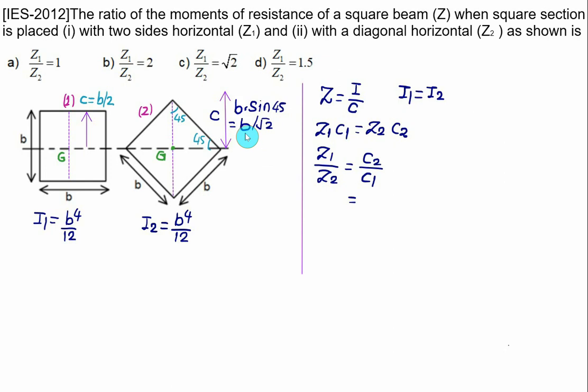C2 here is B by root 2 and C1 is B by 2. So B and B will get cancelled, and here we will get C2 as 1 by root 2, and C1 as 1 by 2. So in this case, we will get this ratio equal to root 2. Our choice C is correct.